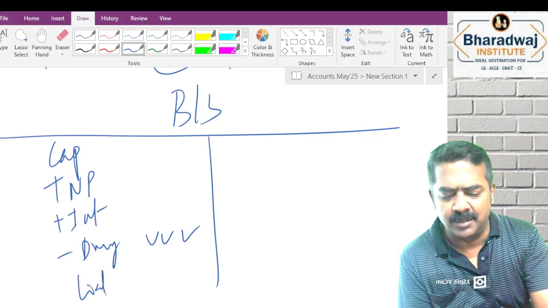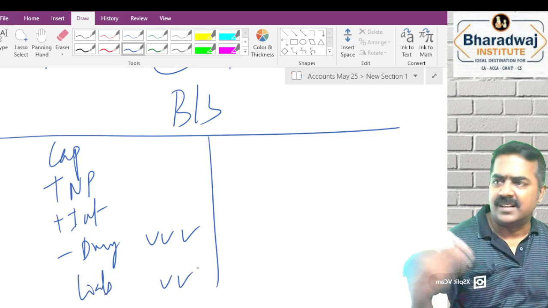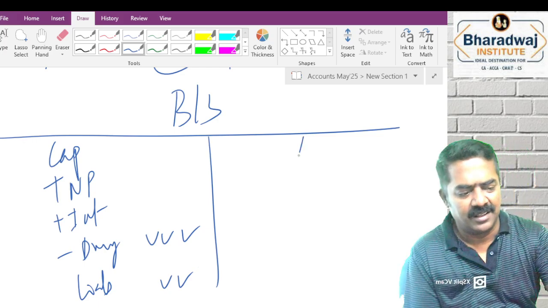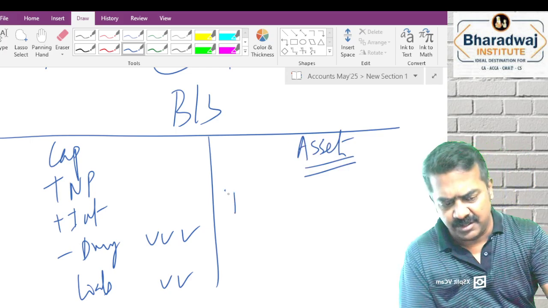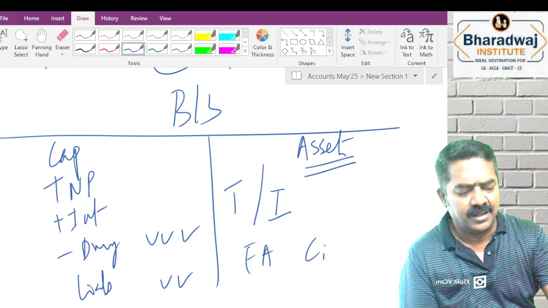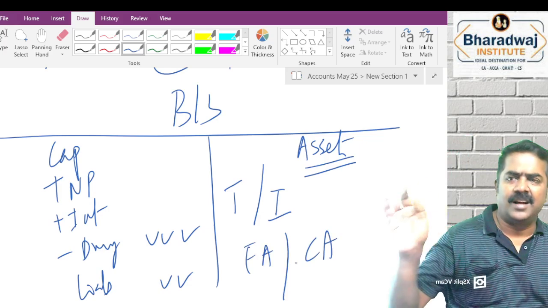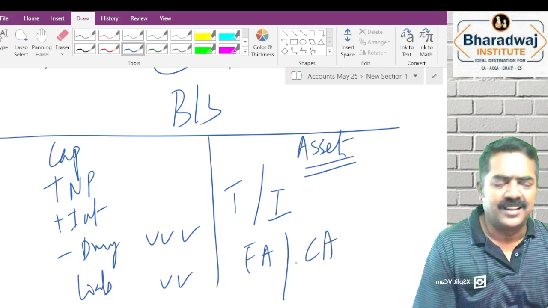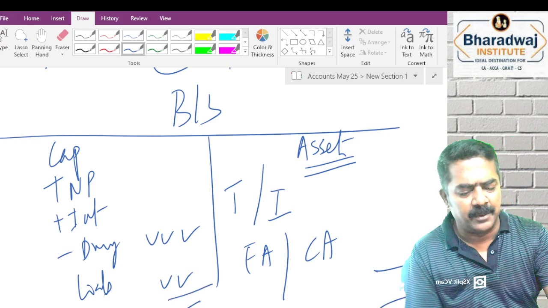Then all the other liabilities we record: payables, creditors, bills payable, outstanding expenses, loans, etc. Then we record assets, which may be tangible or intangible, fixed or current. There is no order. Land, building, plant, machinery, stock, debtors, cash, bank, prepaid expenses you can record and close. With that we prepare which one?